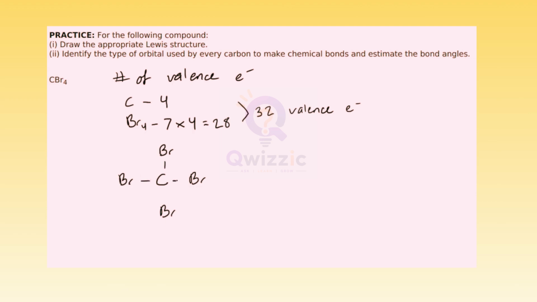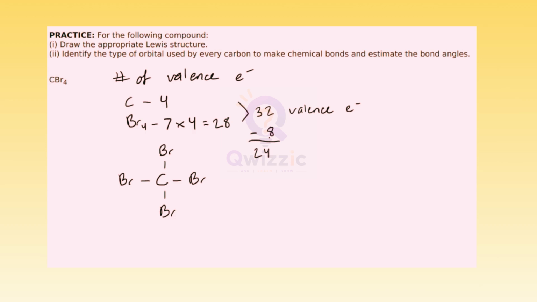So we have a total of 4 sigma bonds. On the side here, I like to keep a tally of my valence electrons. If I have 32 to start off with, I just spent 8 electrons by making those 4 sigma bonds, which means I have a total of 24 left over. And those 24 I'm going to use to complete the rest of my octets.